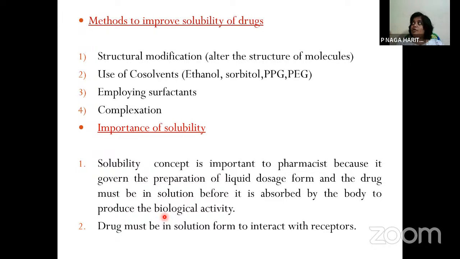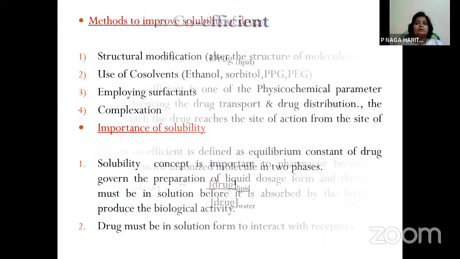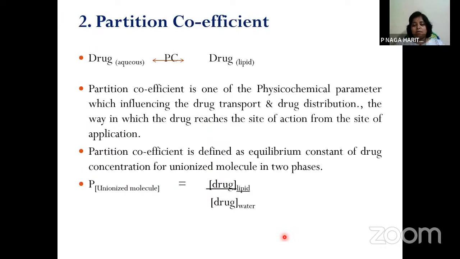So you should know at what pH or at what temperature the drug is undergoing the solubility. That means conversion of the drug from solid into the solution form. And drug must be in solution form to interact with the receptors as well. So that is all about why the solubility is required to be studied in order to know its effect on the pharmacological action of any drug.